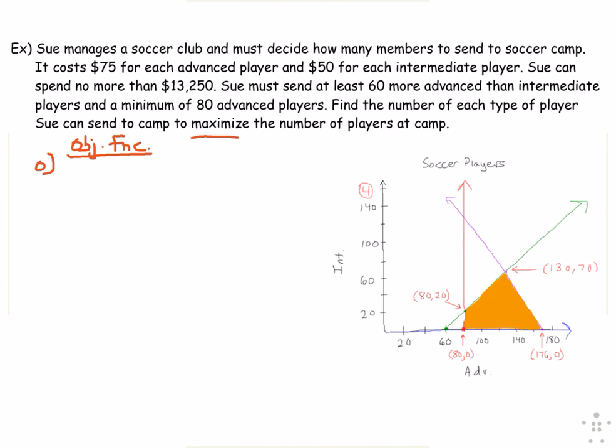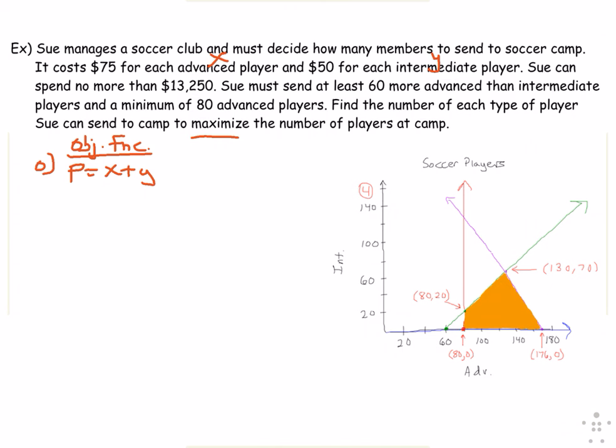So if you find yourself stuck, number of players, P, is going to equal simply X plus Y. X will be advanced because that's the first thing we came across, and intermediate will be Y because that's the second thing we came across. Don't make it difficult. It didn't really say anything about either. It's just a total amount. We're going to have a certain number of advanced X and a certain number of intermediate Y. So it's an X plus Y rule. It's very straightforward. Don't let the simplicity throw you off.